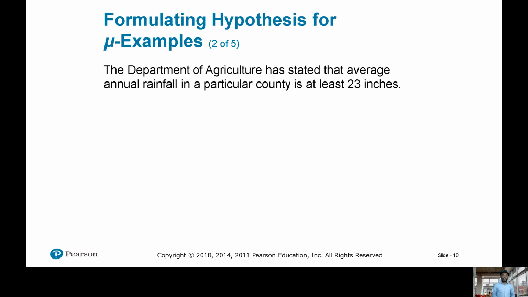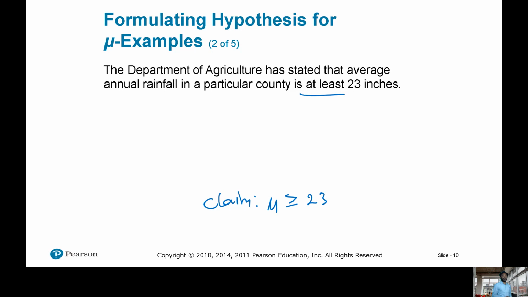So the Department of Agriculture has stated that average annual rainfall in a particular county is at least 23 inches. Here we have at least. So what does that mean? We are saying that our claim here is such that the mean, remember we expressed this in terms of the population, is at least, which means it's greater than or equals to 23.